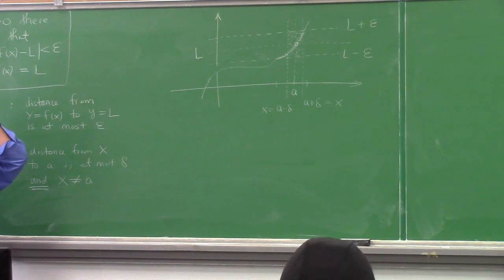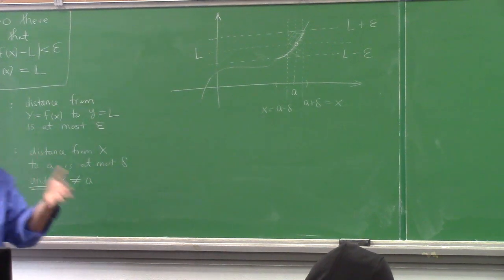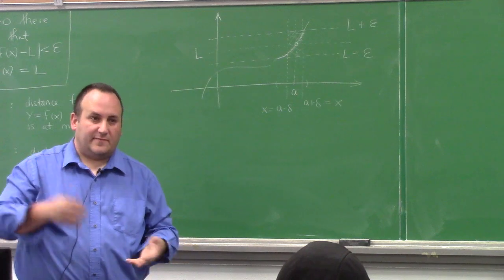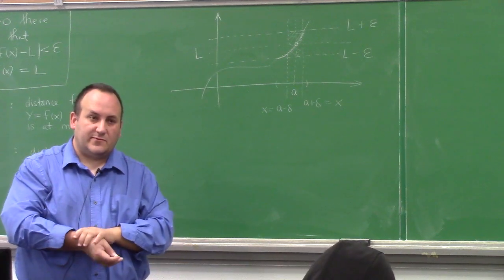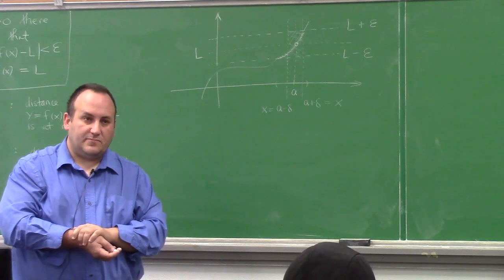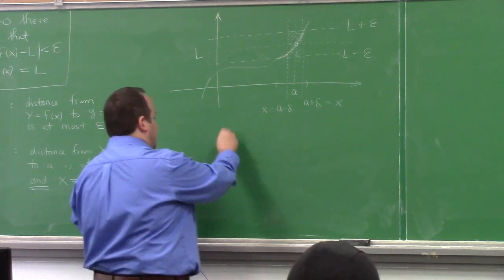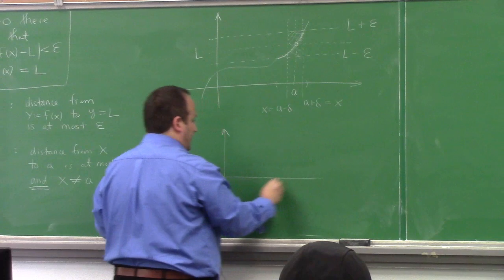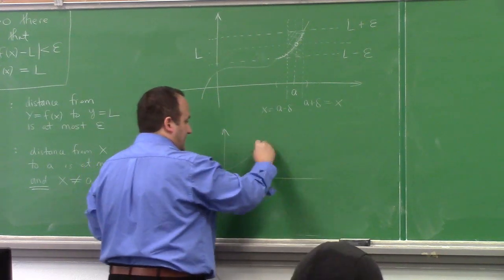What it's saying intuitively is that if you zoom in, the graph of the function doesn't jump away from the limiting value really, really close to the point. Here, let me show you an example of a function with a limit that wouldn't exist. Maybe the function looks something like this.